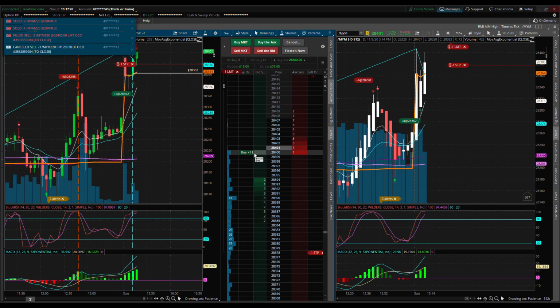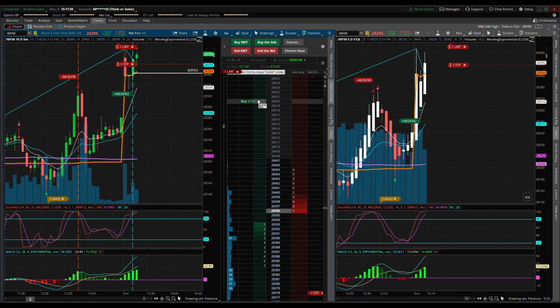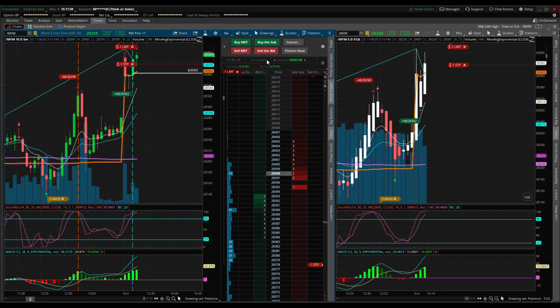Oh. Looks like we were able to hit that top one, so now we only have just one stop loss left. As you can see, this is what's open based on the one contract that's left. And what I'm going to do here is something I normally do, which is change that to a trailing stop.